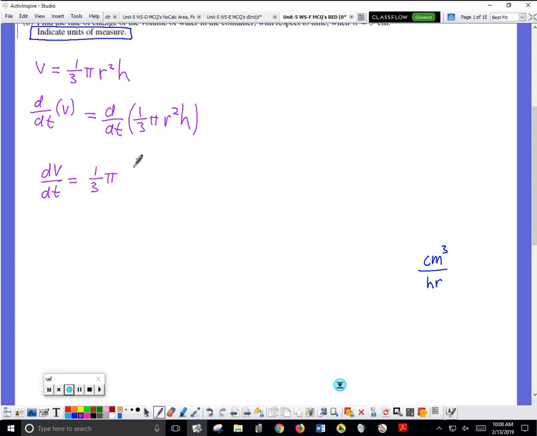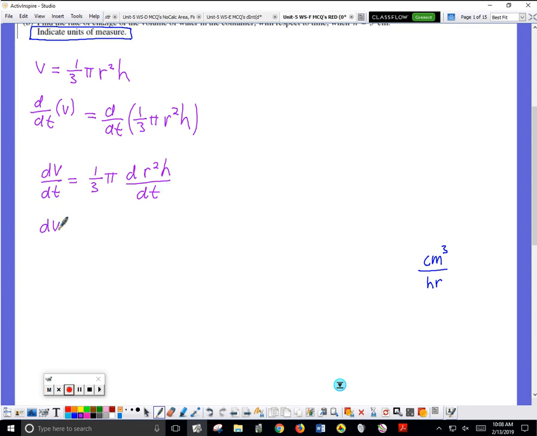I'm left with the derivative of r squared h. Questions? Keep writing things down. Don't just watch. If you write it down, you learn better. Good? Okay. This requires the product rule because r and h are variables.